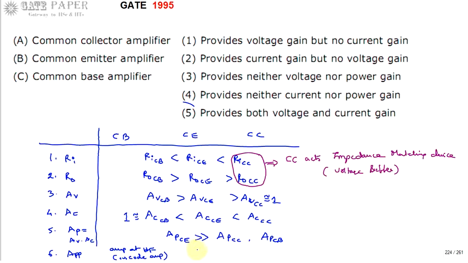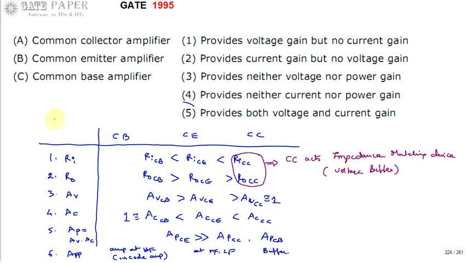Common emitter acts as a good voltage amplifier at mid frequencies and low frequencies, and common collector doesn't provide amplification because its voltage gain is unity, so it acts as a buffer or impedance matching device.